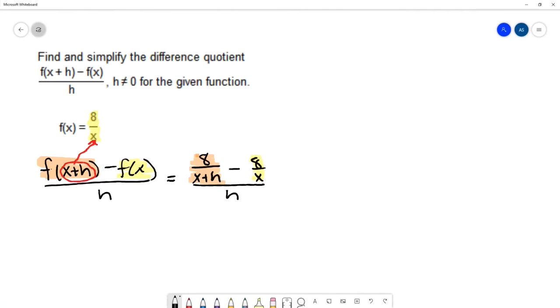So we have found the difference quotient, but we want to simplify it. And the reason we want to simplify it is because here it says that h cannot be equal to 0. Eventually, we want to rewrite this so that we don't have that 0 in the denominator.